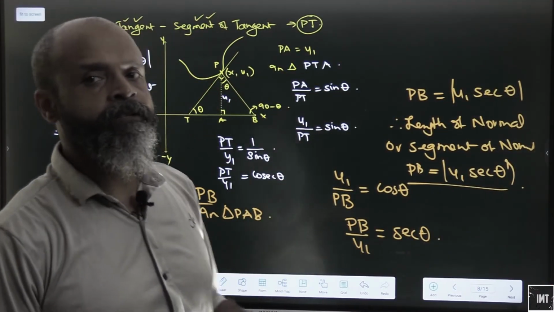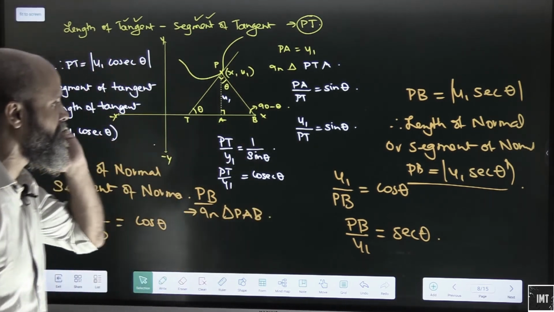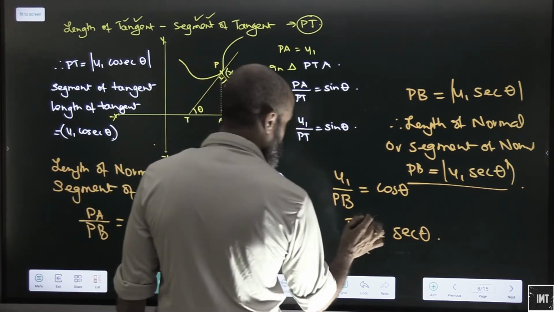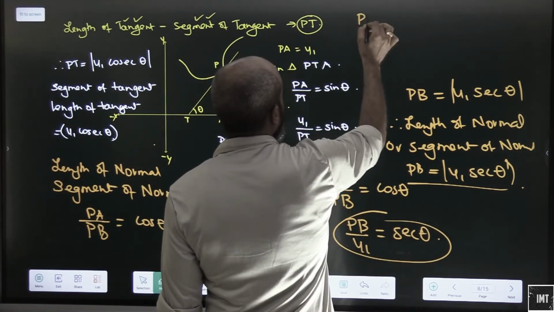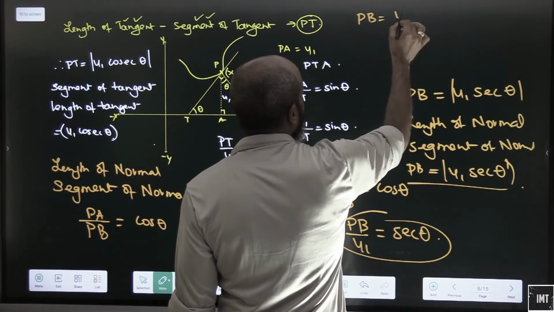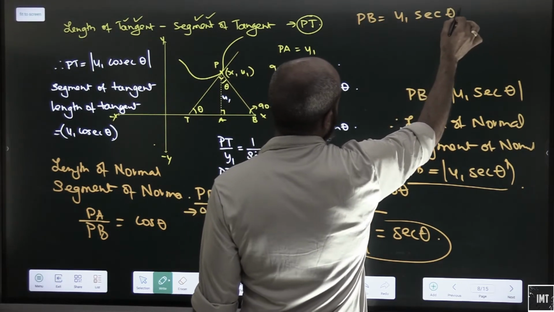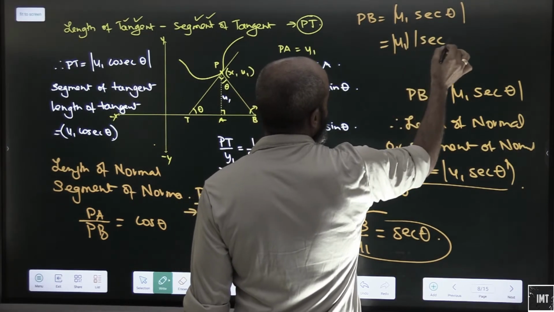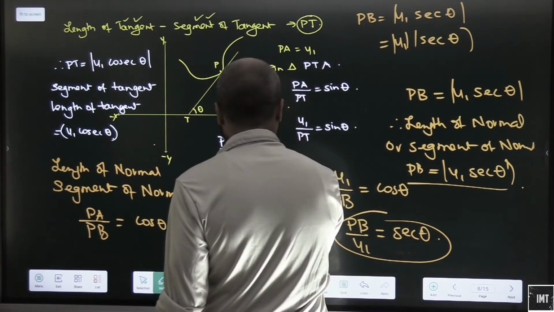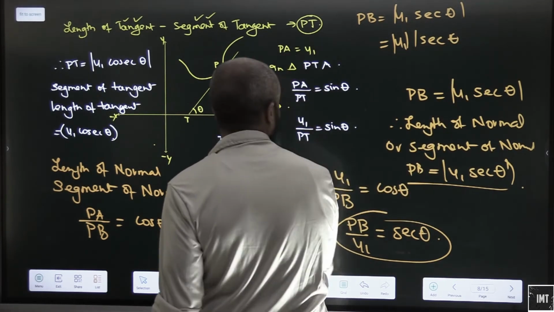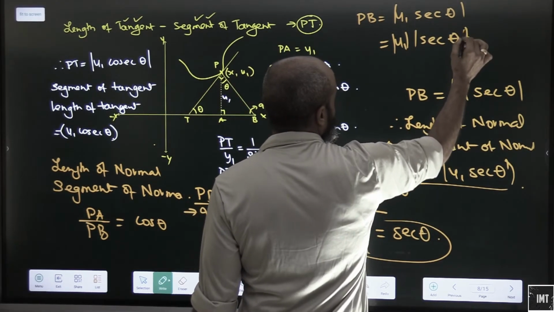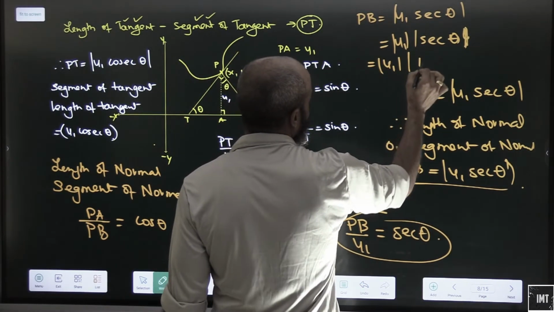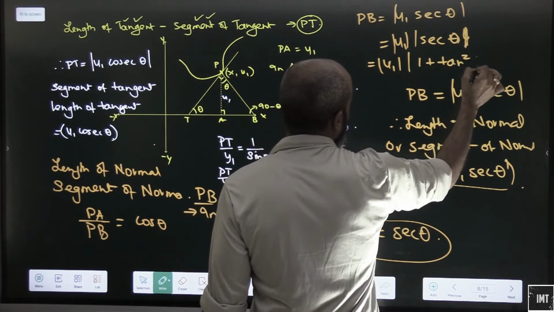In the previous slide we had PB is equal to y1 sec theta. Now we can also write the length of tangent by taking the y1 part out, as y1 times sec theta, which means y1 times the square root of 1 plus tan square theta.